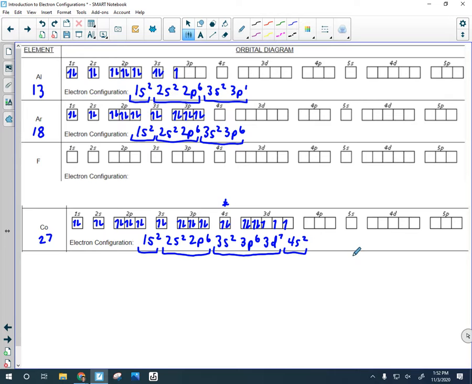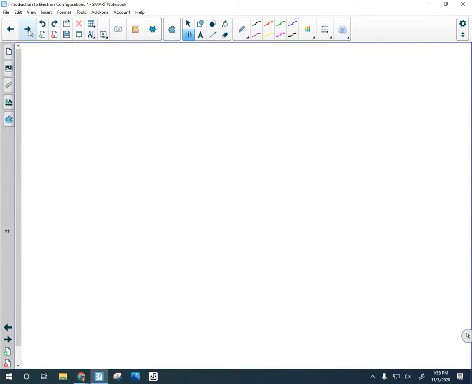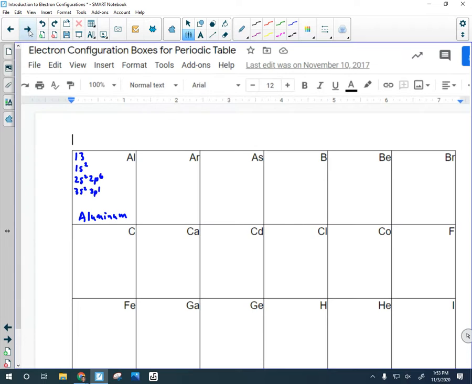Okay, so I'm going to give you guys some time here in class to continue working on that. I want to also preview what's coming next. So if you flip to the last page in your packet, you've got a bunch of different element boxes. And you should have aluminum filled in on your sheet.